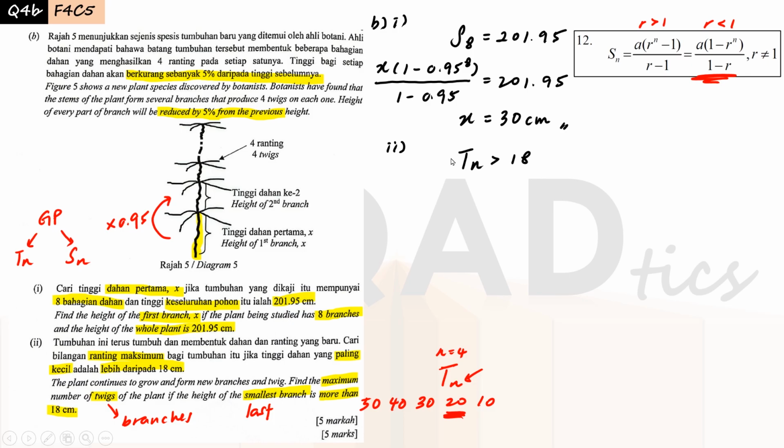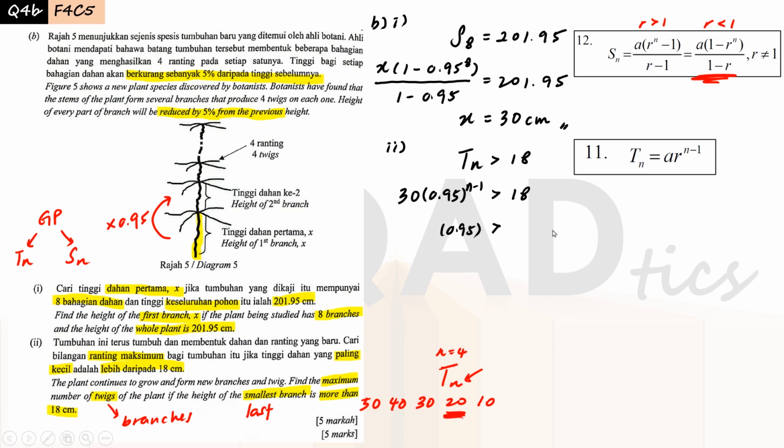Alright, so here for the Tn, we can use the formula for geometric progression, which is ar^(n-1). So a will be 30, r would be 0.95, and n minus 1, we remain as it is, and we just move everything which is not n to the right side. Because we want to move the n minus 1 to the front, we need to take log on both sides.